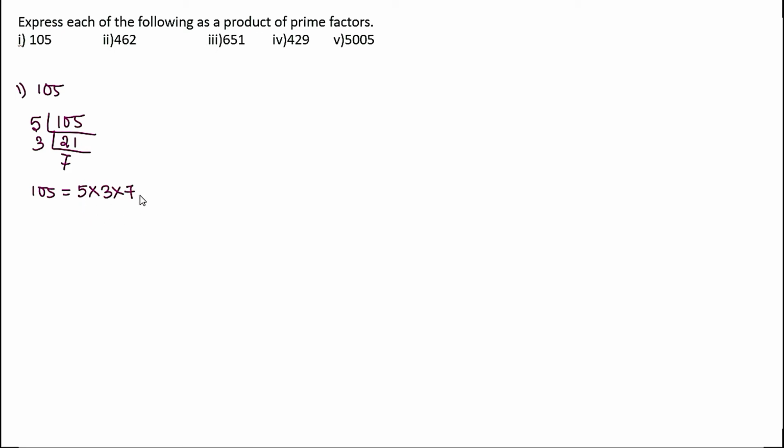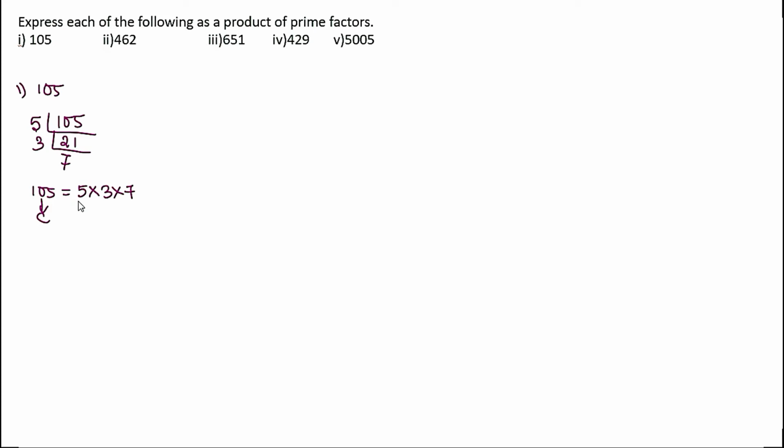So what are these numbers? These numbers are prime numbers, and 105 we can call a composite number since it has three prime factors. So we can say that any composite number can be expressed as a product of prime numbers irrespective of the order in which the prime factors occur.